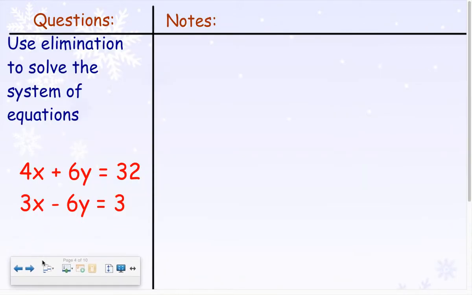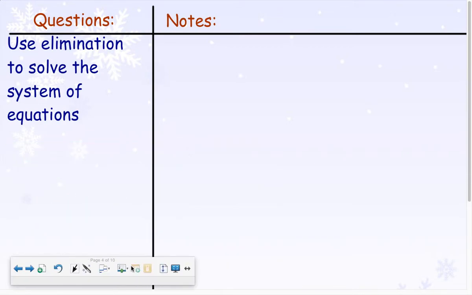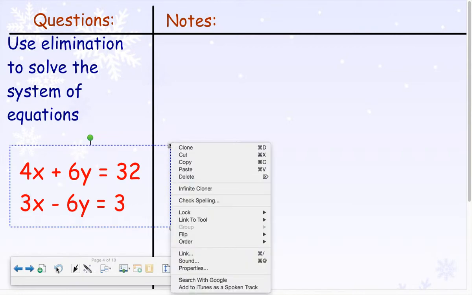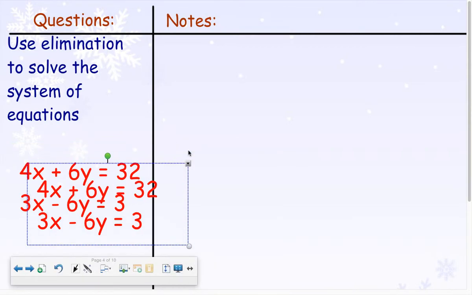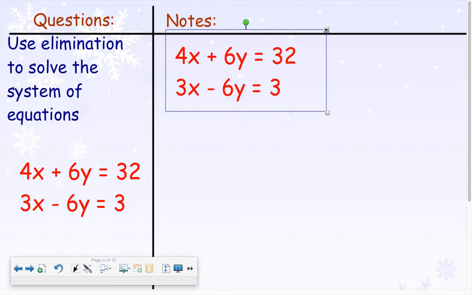All right, so we'll use elimination to solve the system of equations. So we have a system of equations off to the left here. And you'll notice one thing about this one is that rather than there being a variable all by itself on one side like there was in substitution, elimination has opposites.